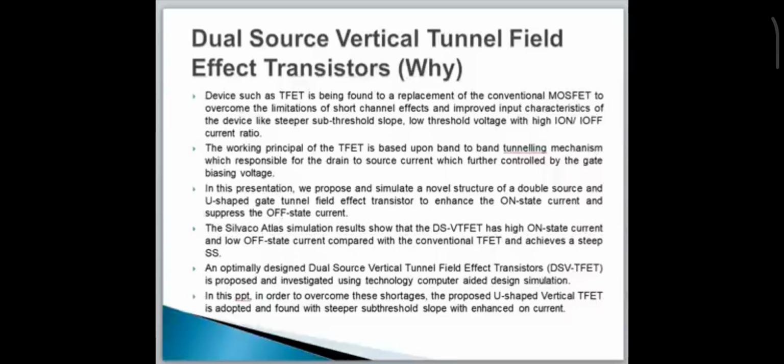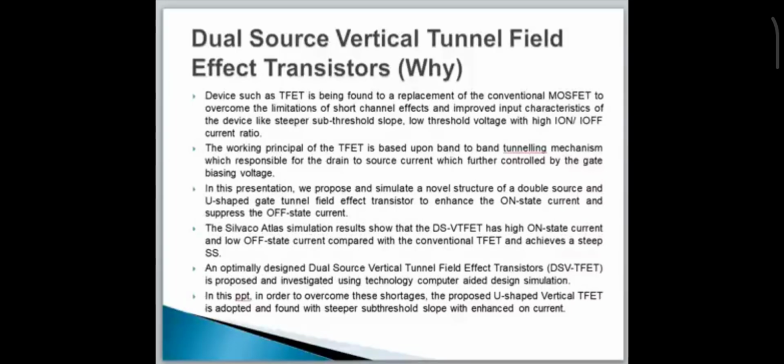The Silvaco TCAD simulation results show that the dual source vertical TFET has high on state current and low off state current compared with the conventional TFET and achieves a steep subthreshold slope. The advantage of using the dual source vertical TFET is that it has high on current as compared to conventional TFET, and it also achieves a low subthreshold slope as compared to conventional TFET.